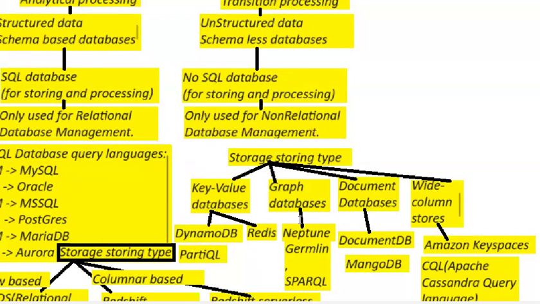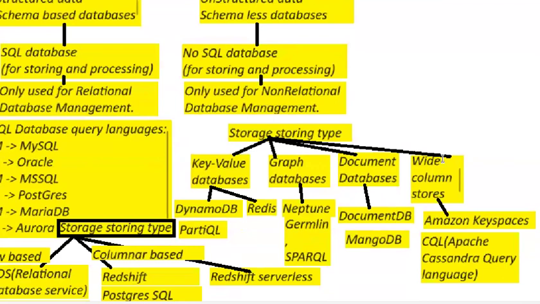Coming to graph database, that is Neptune. If you store your data in Neptune, you can process it by using Gremlin or SPARQL. If you store your data in DocumentDB, which is a MongoDB compatible version, you can process your data stored in the form of JSON or BSON by using MongoDB queries. At last, you have wide column storages.